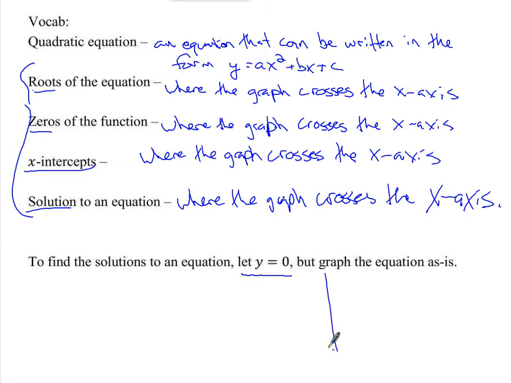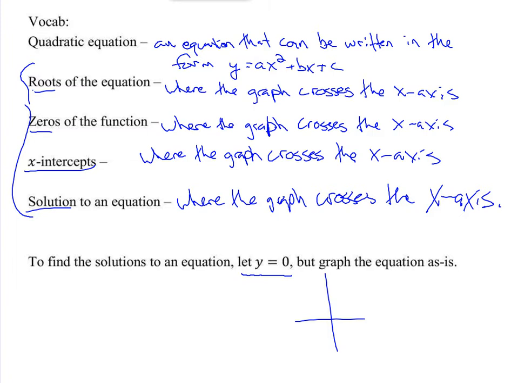So if I have a coordinate system like this and y is 0, 0 on the y-axis is right here at the origin. Where is the graph? Well, the graph is going to be on the x-axis. So once again, you're looking for where the graph crosses the x-axis. This idea right here is the entire section.